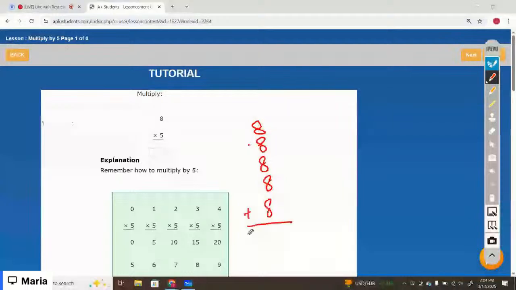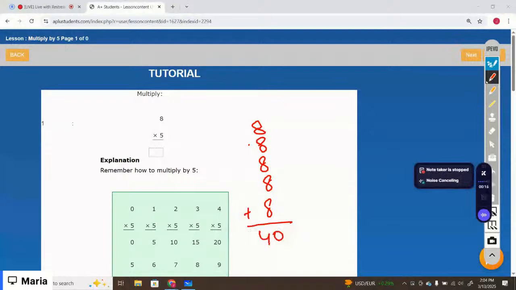Just add 8 five times. That equals the same 40. 8 times 5 is 40.